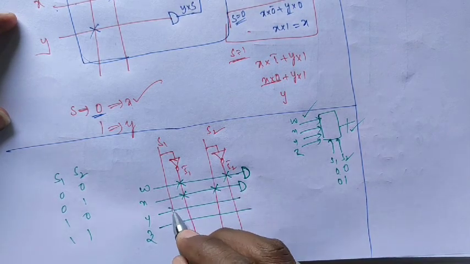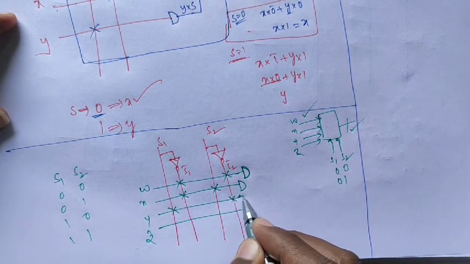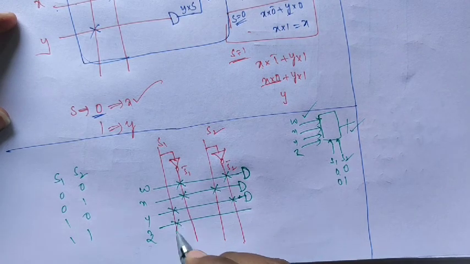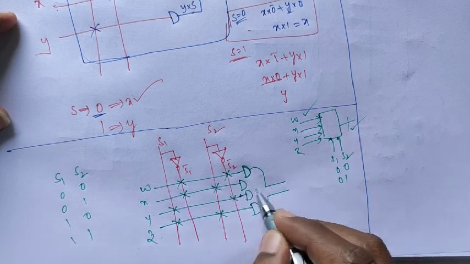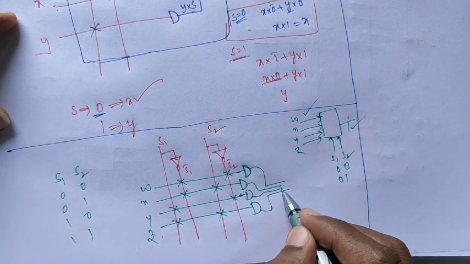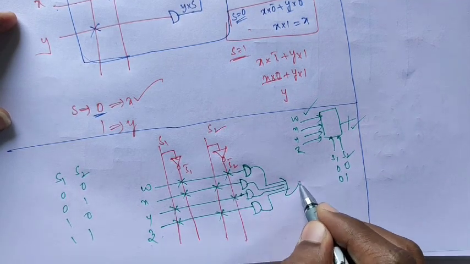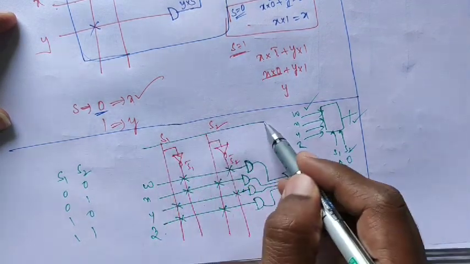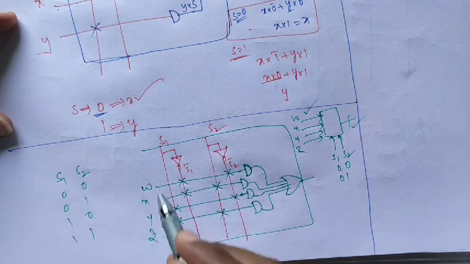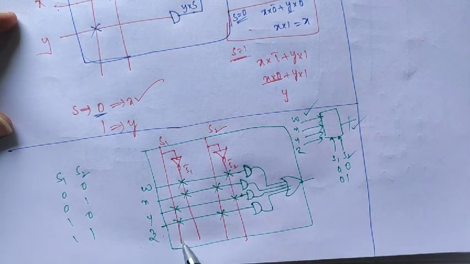Next 1 0, one more AND logic. Next 1 1, that is Z. The 4 outputs are connected to 1 OR logic. Okay, so this is the entire circuit for the 4 by 1 multiplexer.